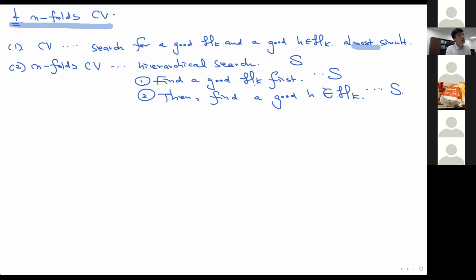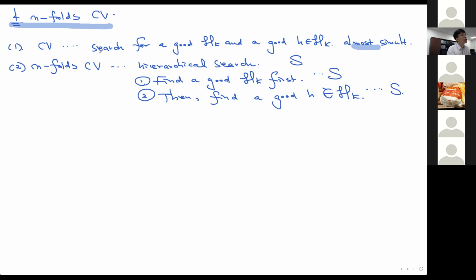And we want to find a hypothesis set that guarantees such a thing. So we want to find a good hypothesis set in terms of generalization. That's step one. Step two is that once we find a good hypothesis set, we want to find a good hypothesis inside that hypothesis set. Okay, so that's the idea. We do this type of hierarchical search. Because it's a hierarchical search, both steps use all the examples in the sample S.